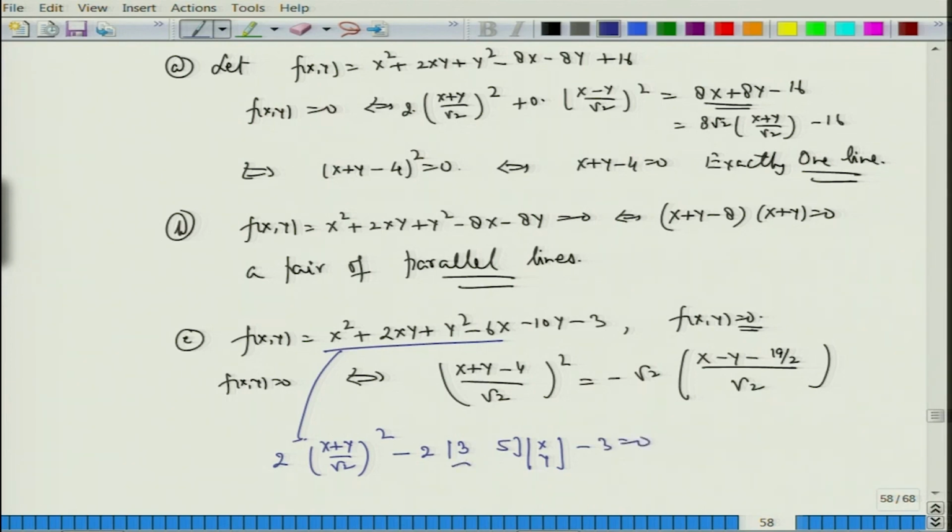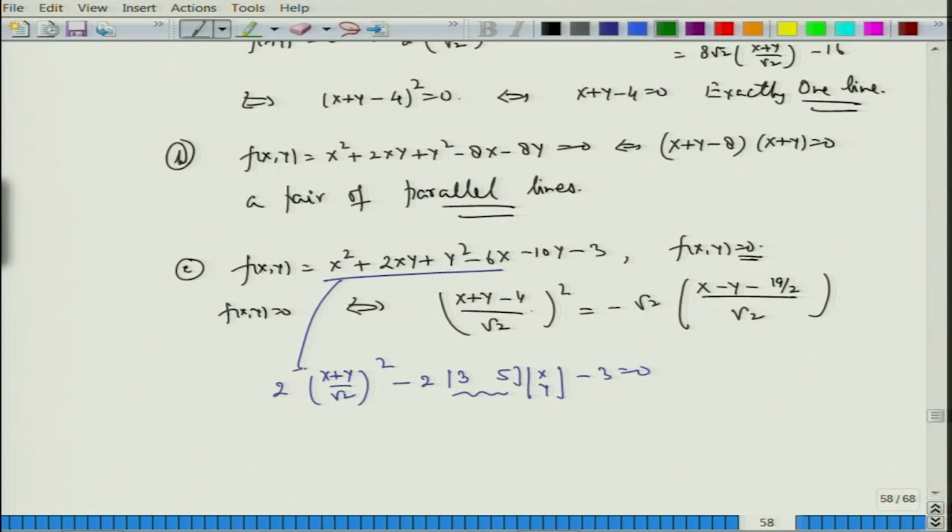So I should be able to write this in terms of x plus y and x minus y. That is the first thing. Because of the linear forms, I am able to get x plus y and x minus y. See, the linear forms here were x plus y upon root 2 and x minus y upon root 2, all right. So these were the linear forms.